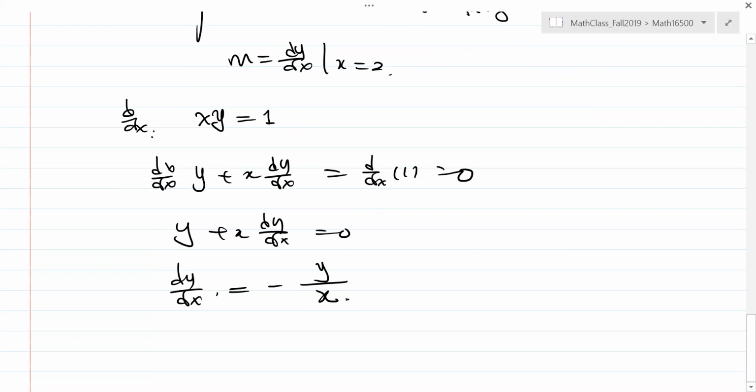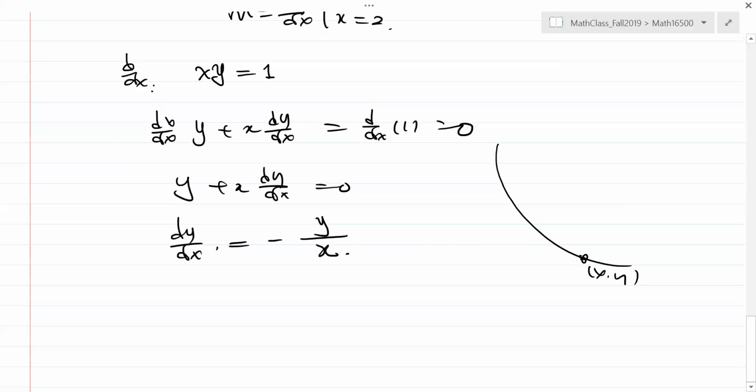Okay, so this is a formula. As long as you know the coordinates of the point on the curve, I can tell the slope at that particular point. Right. So at the point where x equals 2, y equals 1/2.